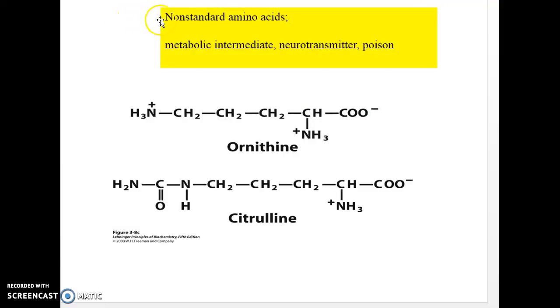Some non-standard amino acids are found in unusual forms like metabolic intermediate, a neurotransmitter, and poison. See, ornithine and citrulline appearing in urea metabolic pathway.